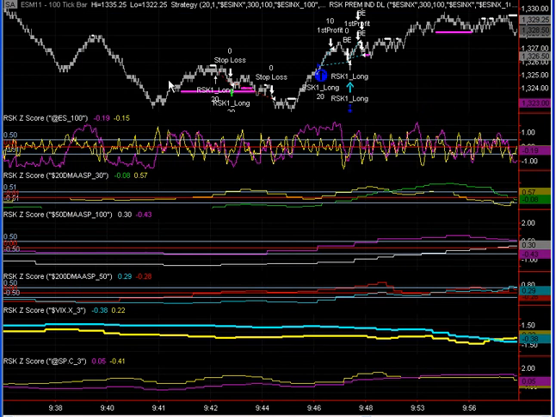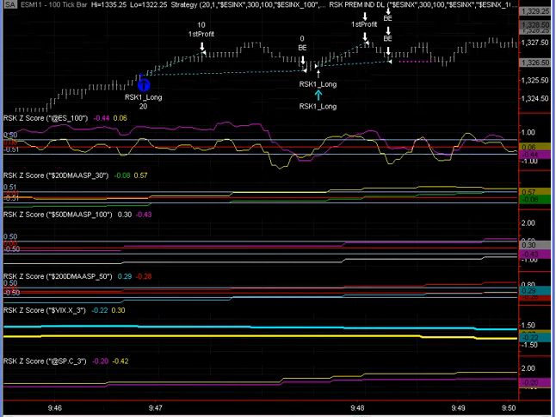So the system automatically stopped us out as we reached that given level, and then another strategy kicks in and takes us long, which reaches its profit target for the initial move up. We had another set of trades that took place here that reached its initial profit target.